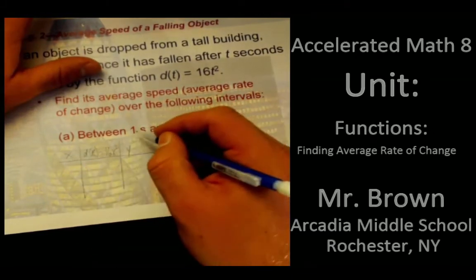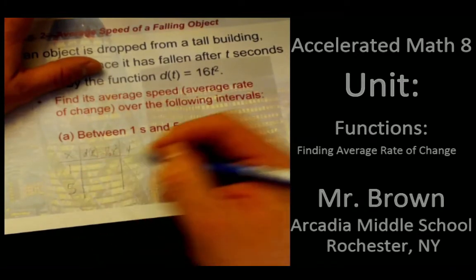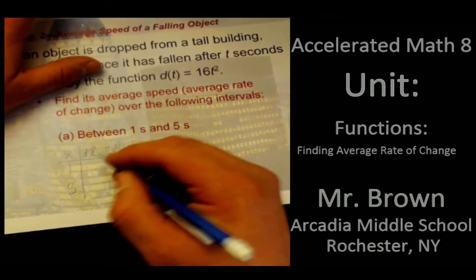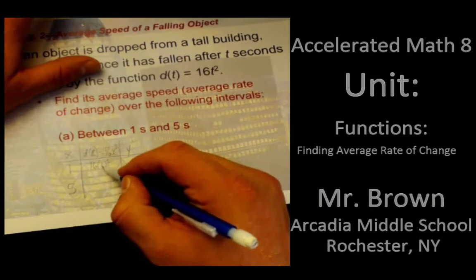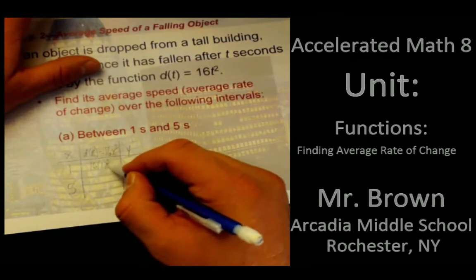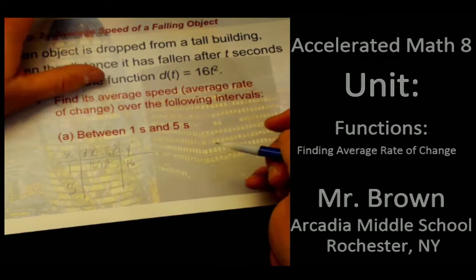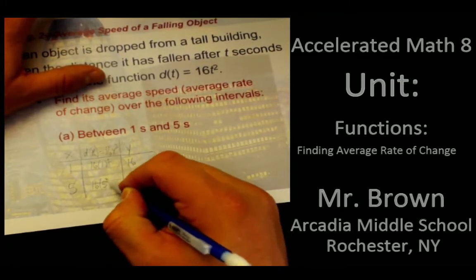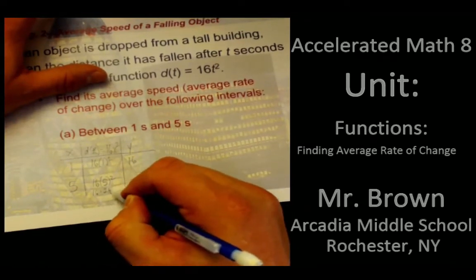So anyways, they want you to go between 1 and 5 seconds. Well, I don't have the y value, so we're going to have to just substitute that 1 into this equation. So 16 times 1 squared, well, 1 squared is 1, times 16 is 16. The next one is 16 times 5 squared. 5 squared is 25.